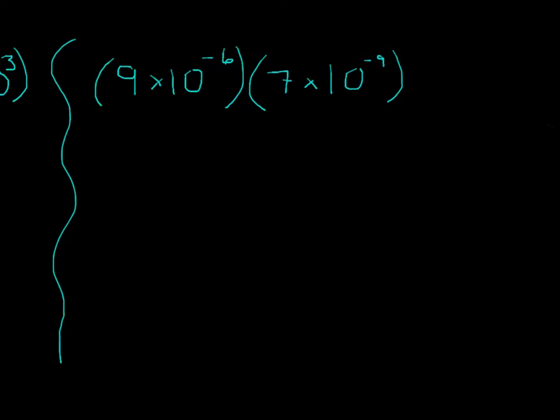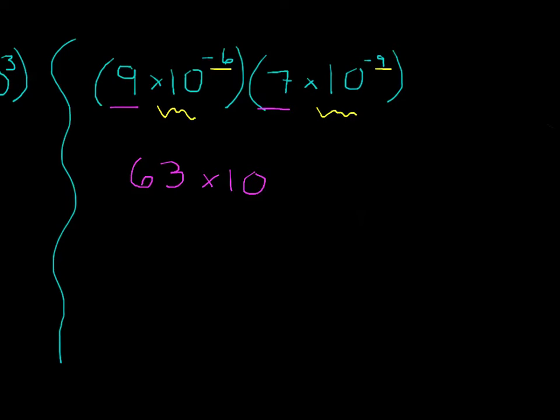Alright, so let's do another example. So all this is, there are four separate numbers being multiplied together. We can multiply in any order. So I'm going to multiply my coefficients first. 9 times 7 is 63. And then times 10, when I multiply my two powers, because they have the same base, the property says you can add your exponents.